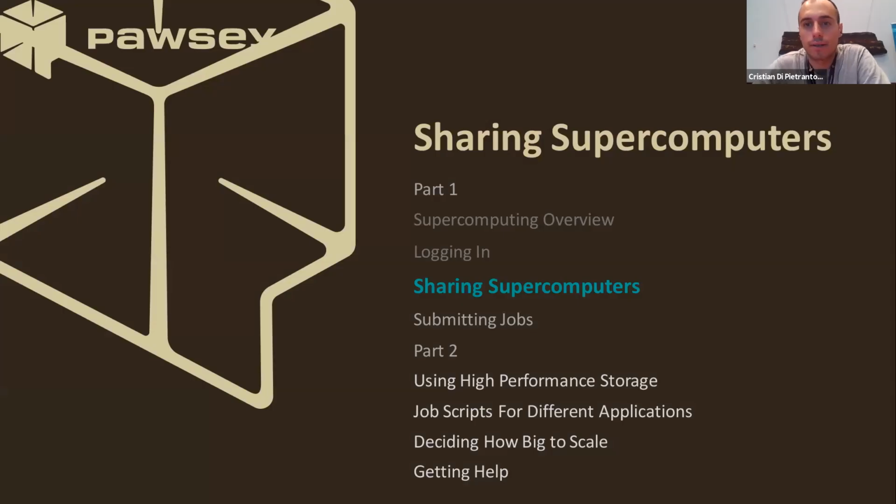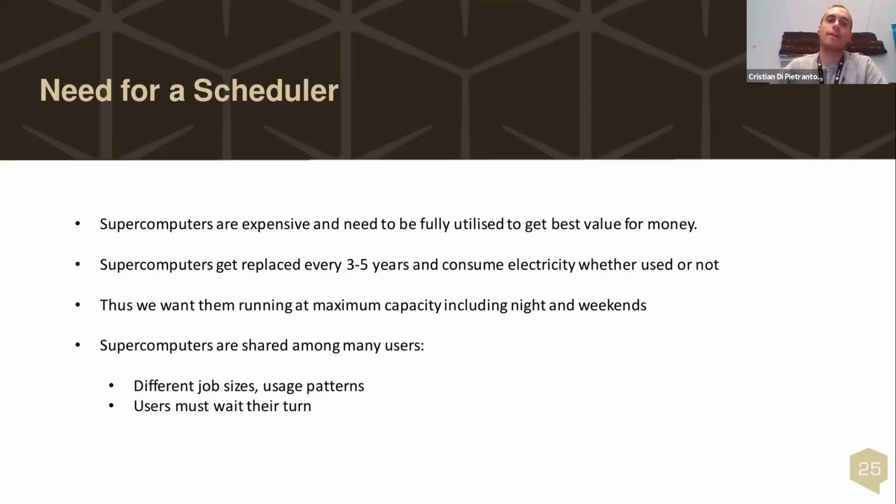Now, the second part is sharing supercomputers. As I said, supercomputers are used by many researchers at the same time. This is because the infrastructure is very big and provides an enormous amount of computation, so it can be used by many people and should be, because running a supercomputer is very expensive, consumes a very large amount of electricity, and whether it is idle or not, there's still consumption.